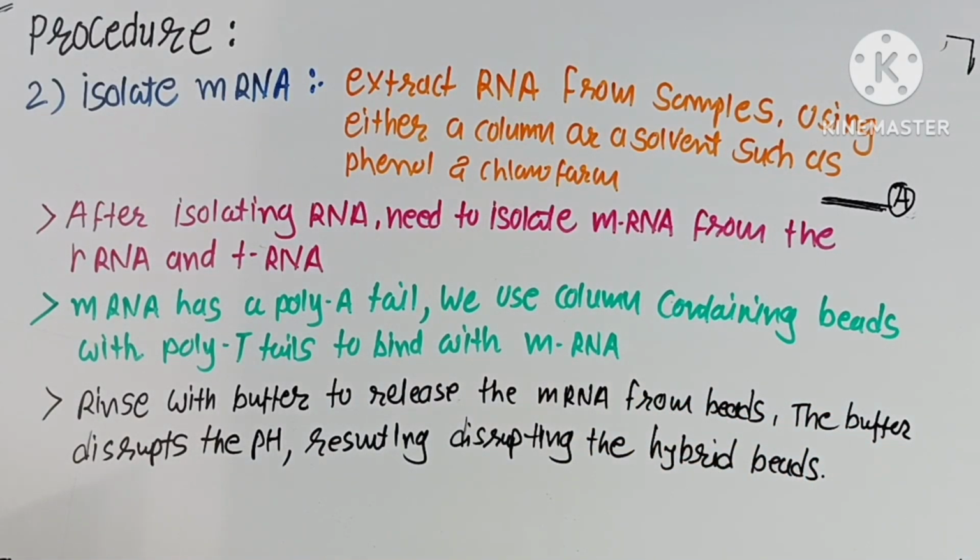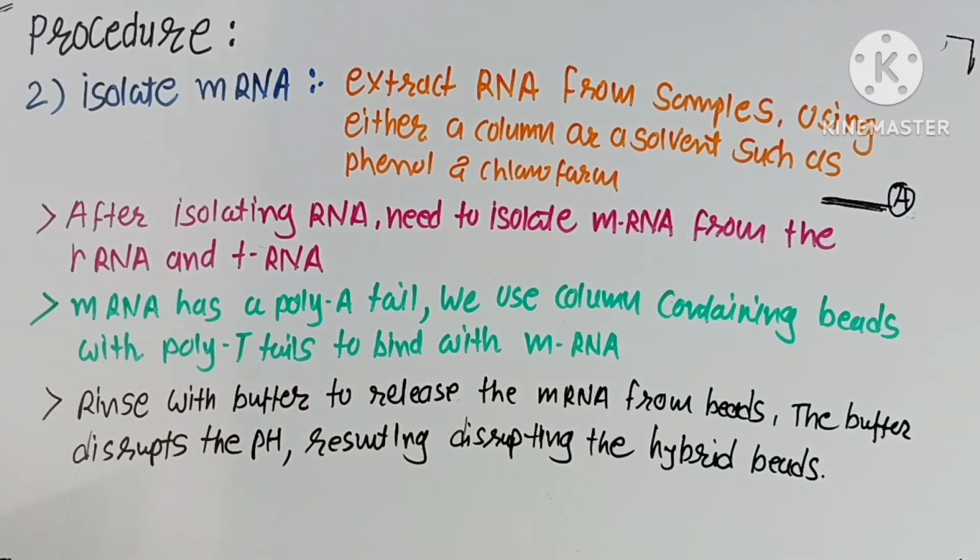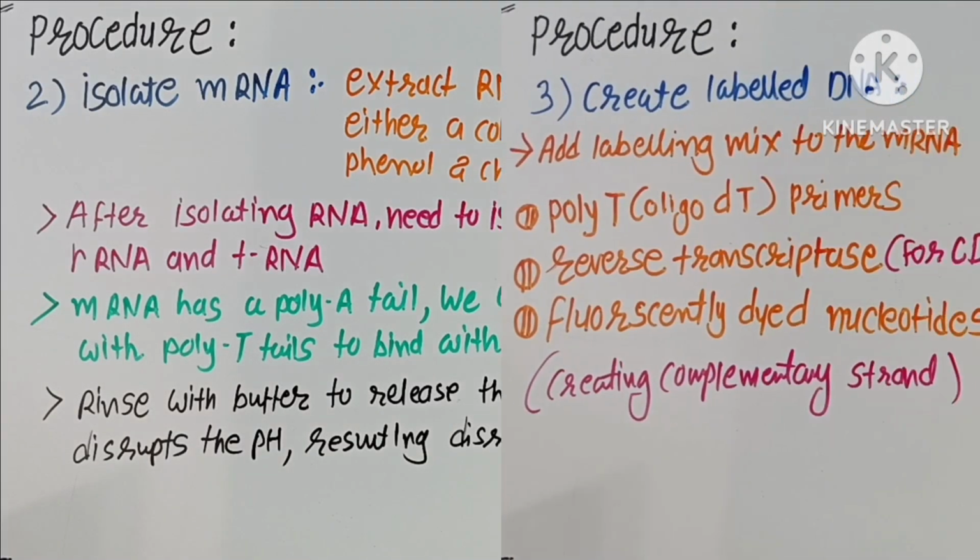So we can easily isolate the mRNA using this column technique. At the end we rinse with buffer, and the buffer disrupts the pH, resulting in disruption of the hybrid beads, and we get our mRNA. So here we isolate the mRNA using the column technique.